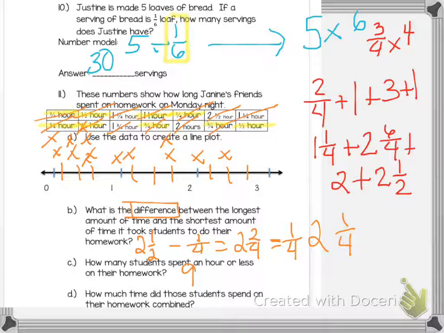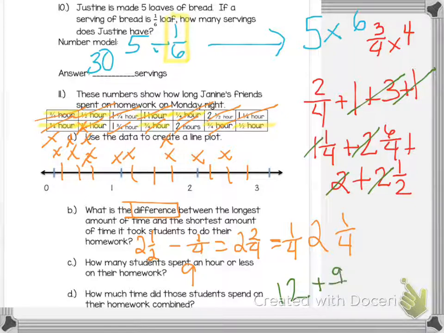So let's add all of my whole numbers together. 1 plus 3, and I'm going to cross them off as we go in green. 1 plus 3 is 4, plus 1 is 5, plus 1 is 6, plus 2 is 8, plus 2 is 10, plus 2 is 12. So far I have 12. Now let's add my fractions together. 6/4 plus 2 is 8/4, 9/4.